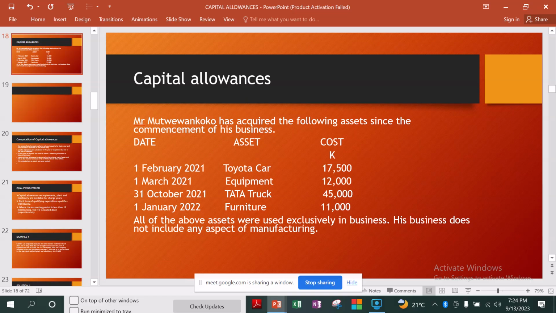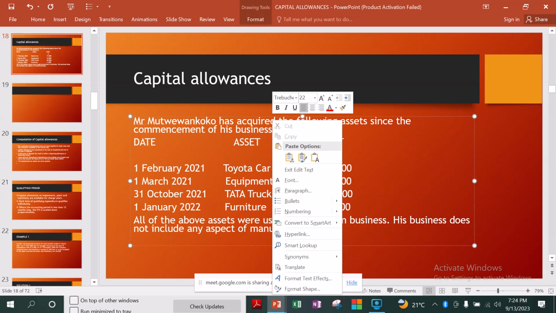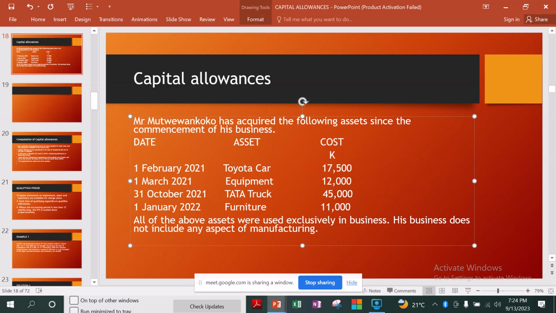So, Toyota car compared to Tata truck: the Toyota car will attract a capital allowance of 20% because that is the rate for non-commercial vehicles, whereas the Tata truck will attract a capital allowance rate of 25%, together with equipment and also furniture. So how do we calculate that one? That's what I'm going to show you in this particular case.